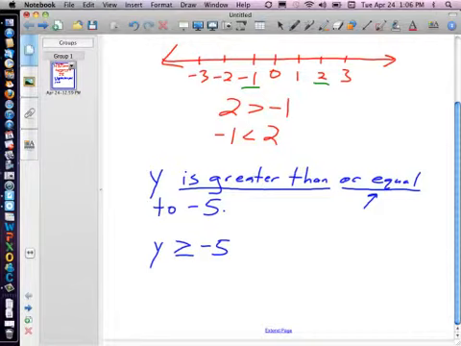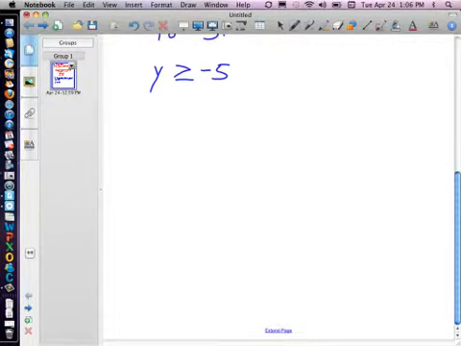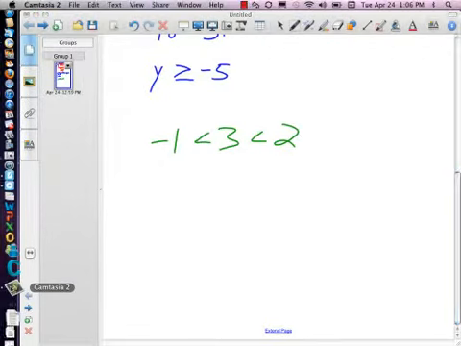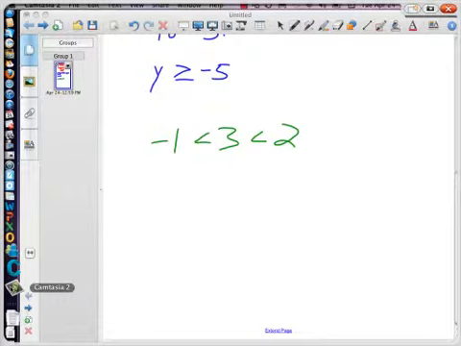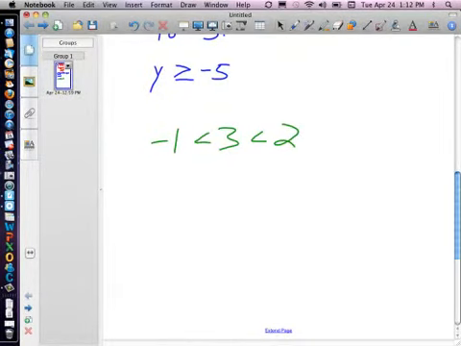We'll be classifying statements as true or false. So for instance, I might write something like -1 is less than 3, which is less than 2. So this is called a compound inequality. Sorry, I had to pause really quick there.